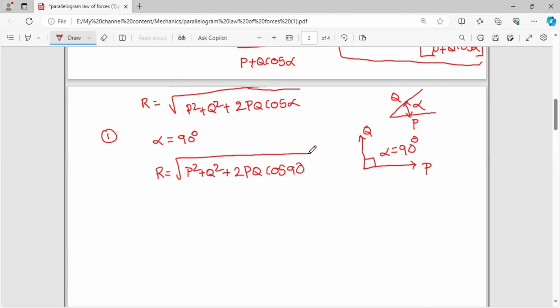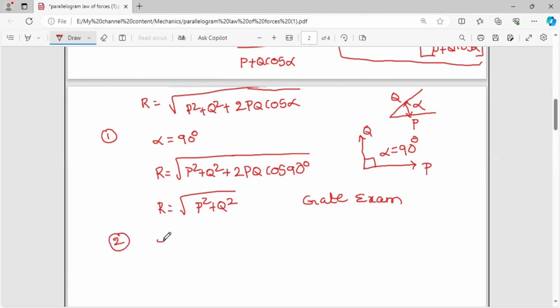What is the value of cos 90 degrees? Cos 90 is 0. Then simply R equal to square root of P square plus Q square. In the GATE exam point of view also, they may ask the different cases: if alpha equal to 90 degrees, determine the magnitude of the resultant force in this manner.